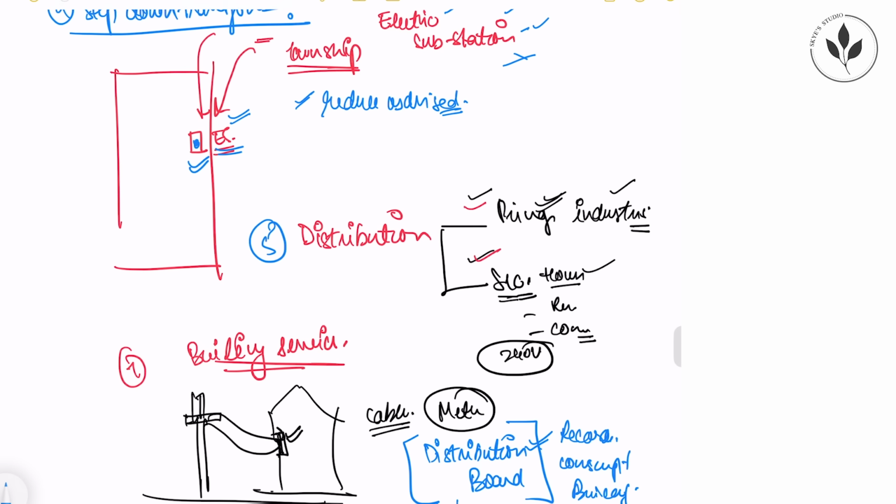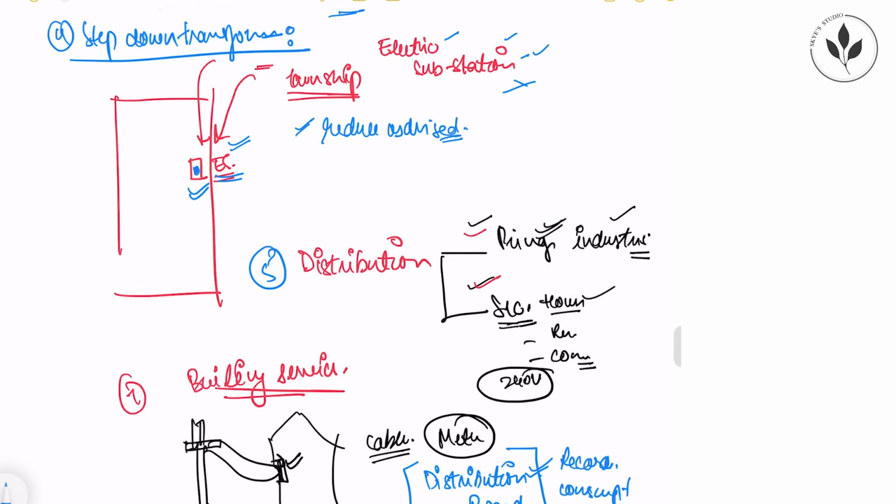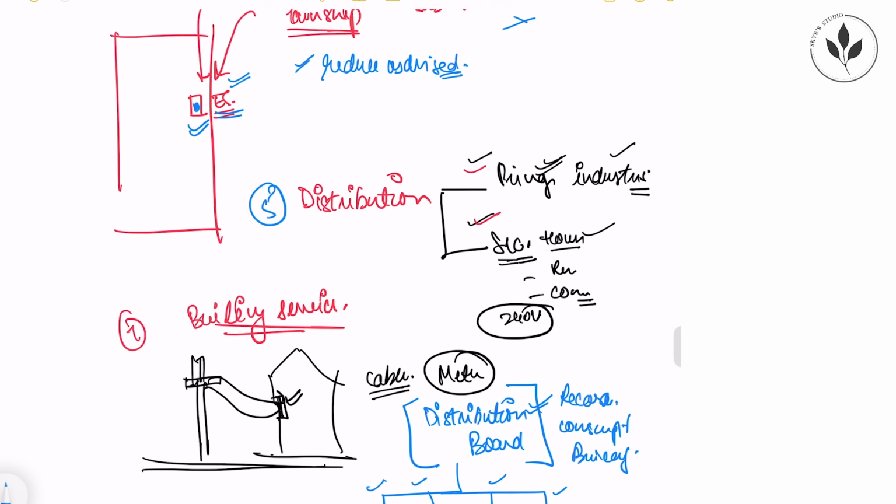After the electrical substation, you will have the distribution inside your buildings through the electrical poles. If you have to take the electricity to the industries, it is the major three phase electricity, which comes in your primary distribution.